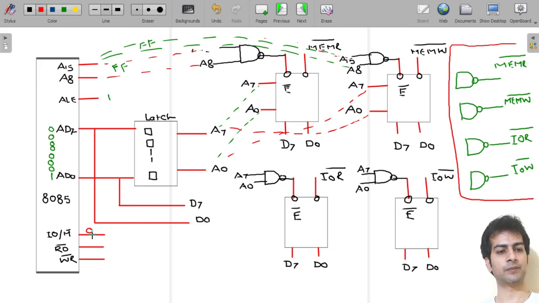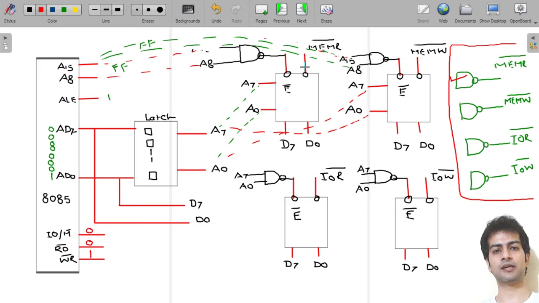Here it will be 0, 0, and 1. So by using 001, my memory read control signal will be activated. Only my memory read control signal will be activated.